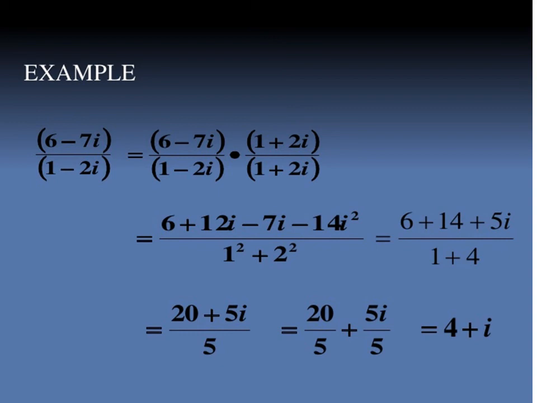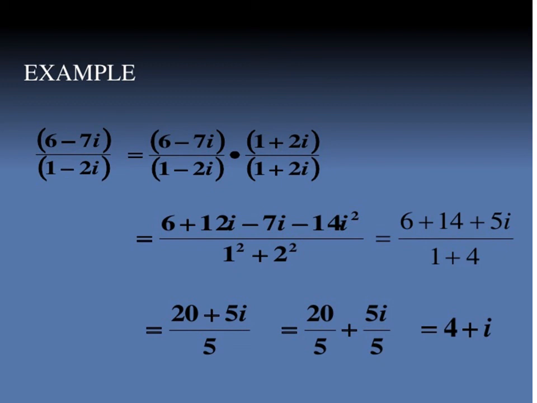The numerator we keep as it is, 6 minus 7i. In the denominator, we have 1 minus 2i, and take its complex conjugate, that is 1 plus 2i. Multiply and divide by the complex conjugate of the given complex number.